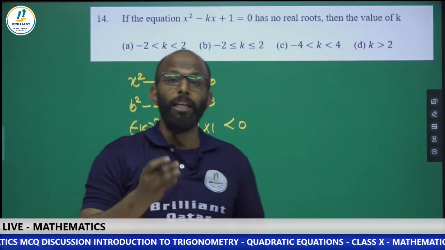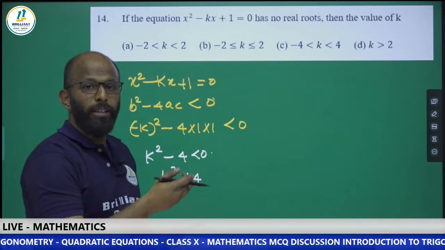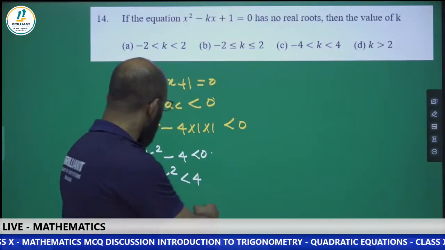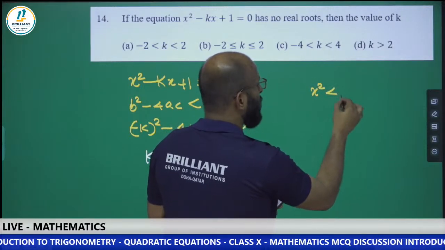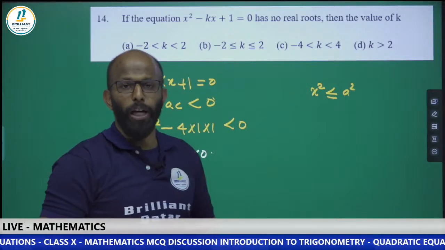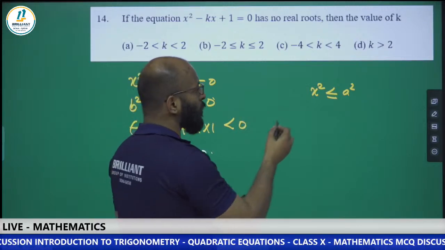In these kinds of inequalities, most students make mistakes, whether it is less than or greater than, so you need to write the answers very carefully. Here I will give an expression: x square less than or equal to a square.